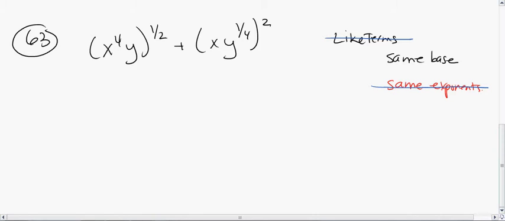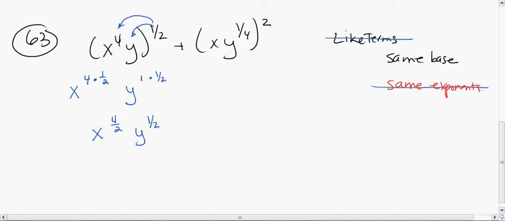So let's start off by considering what all of this means here. So x to the 4th times y all to the 1/2 power. Let's use some exponent rules here and multiply through by that 1/2. So if you're raising something to a power, you're going to multiply the exponents together. So I'm going to say x to the 4 times 1/2 and y to the 1 times 1/2, which becomes x to the 4/2 times y to the 1/2.